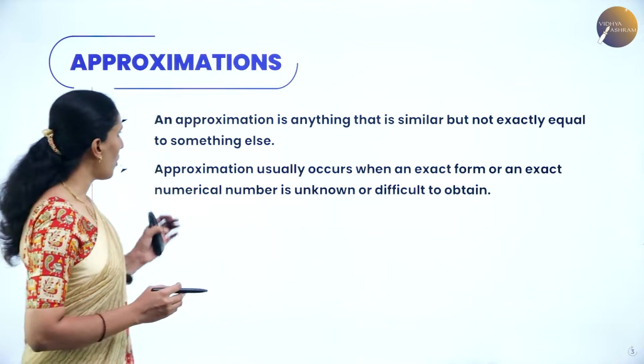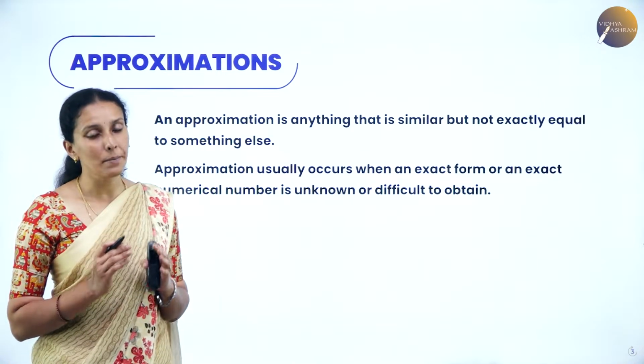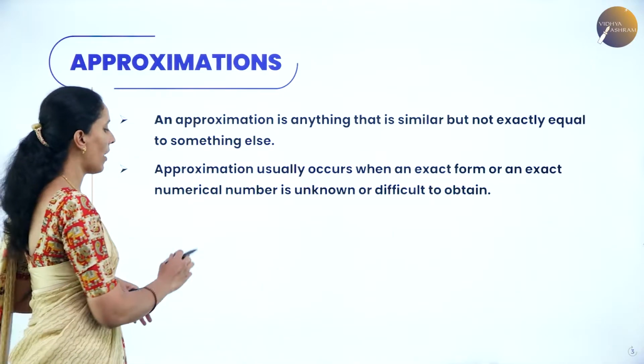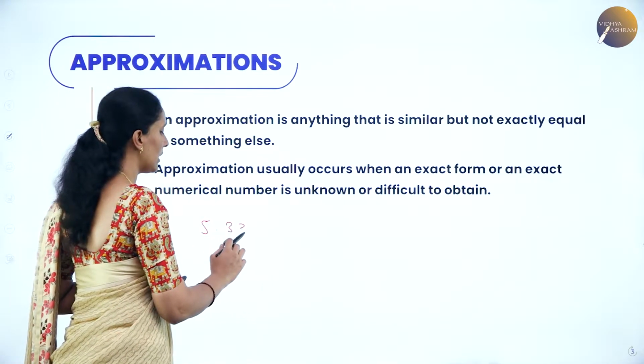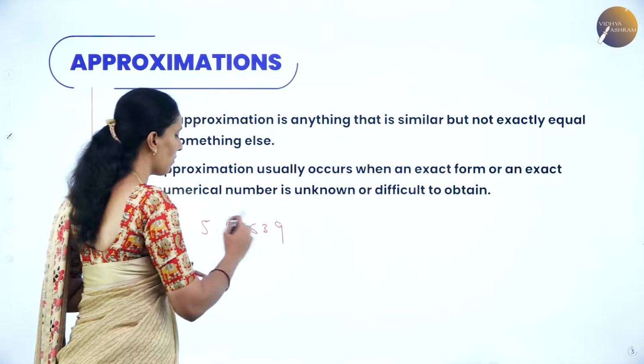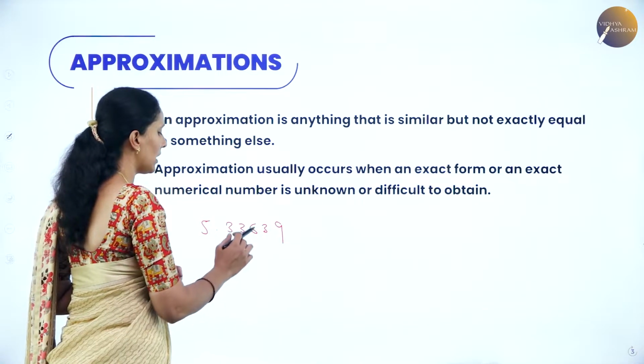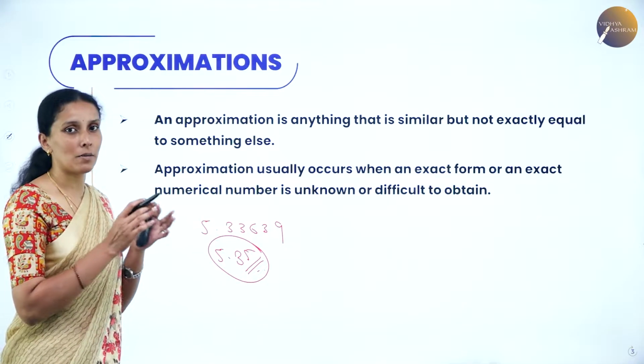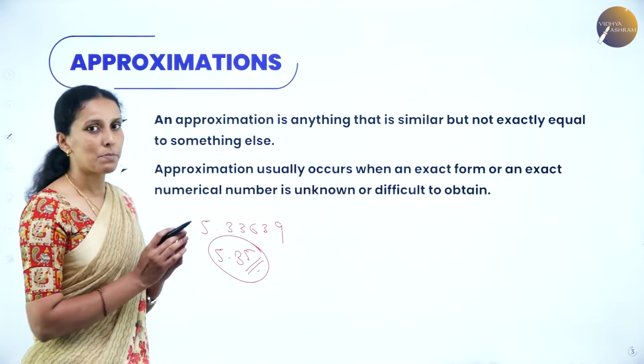So here approximation is anything that is similar but not exactly equal to something else. For example, if you have 5.33639 something, we will approximate it to 5.35 here. This is not exactly equal, but it is similar, almost equal to the expected value.